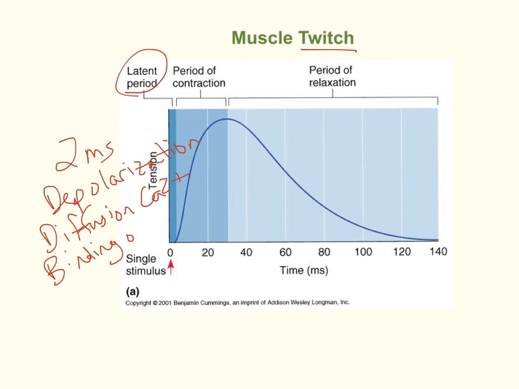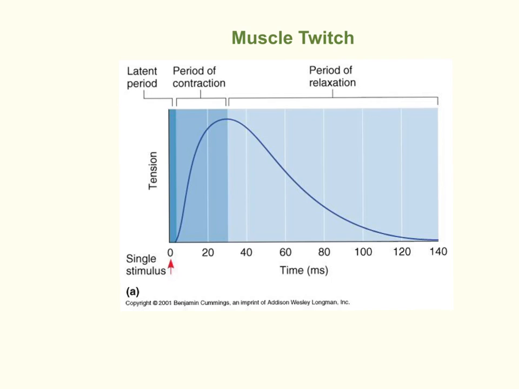And all of that activity takes place in 2 milliseconds. Let me fix my spelling here real quick. Myosin to actin. Okay? And so all of that occurs during the latent period.